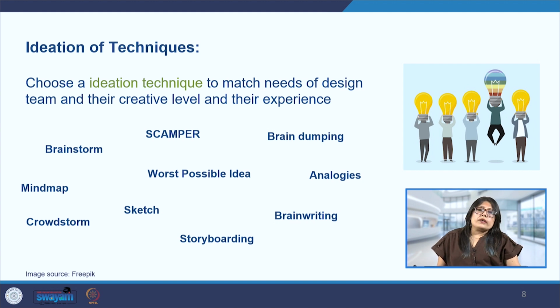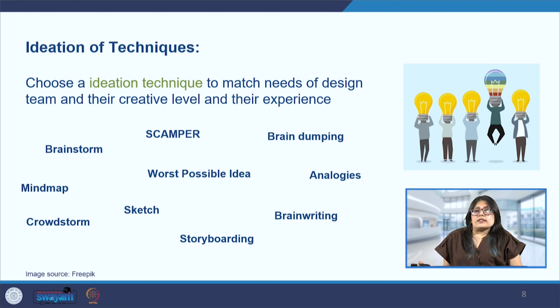Then brain dumping is where we are dumping all the ideas very quickly, and we are not thinking of the structure or the order. We will streamline them later, but we are just dumping on the paper all the ideas we are coming up with. Worst possible idea is an interesting technique wherein we start by looking at the ideas that are really poor, really negative, really worst possible ideas.